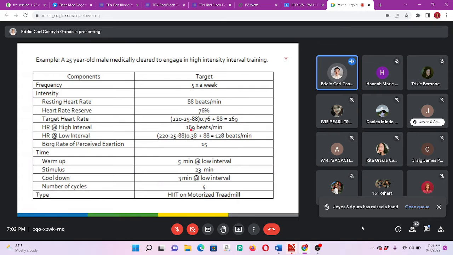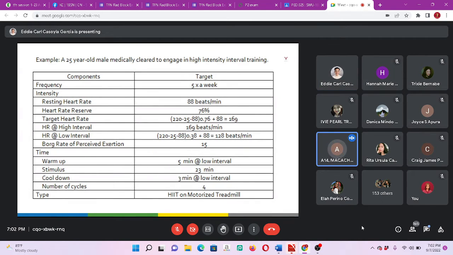My suggestion is to use the first cycle and second cycle as your trial and error. Then whichever number is closer between those cycles, that would be your target heart rate. So if you cannot achieve the heart rate at high interval, again, use the first and second cycle as your trial and error. Then whichever number is closer to 169 will be your heart rate at high interval. Pwede ra, sir, thank you.